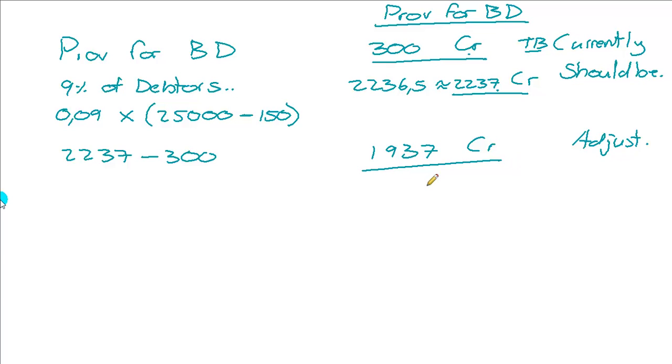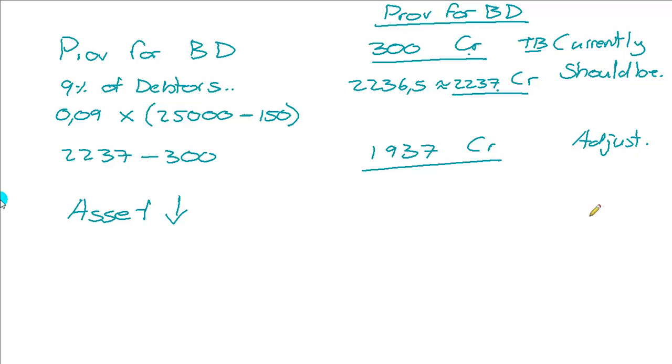What is provision for bad debts again? Provision for bad debts is an estimate of the debtors that are not going to be able to pay. In other words, it is an estimate of how much of the asset we're actually going to lose. Alright, so my asset is effectively decreasing by this 1937.